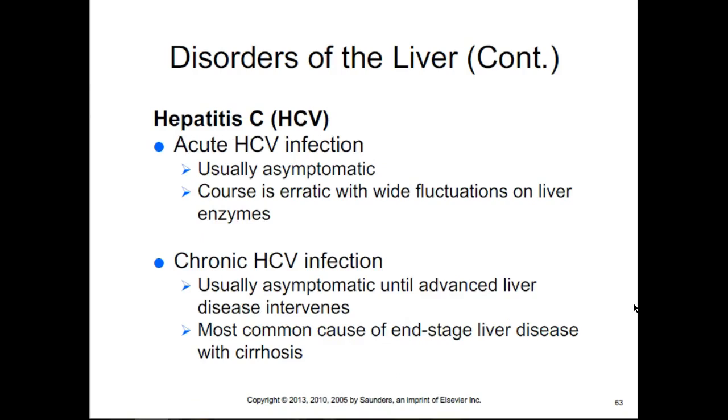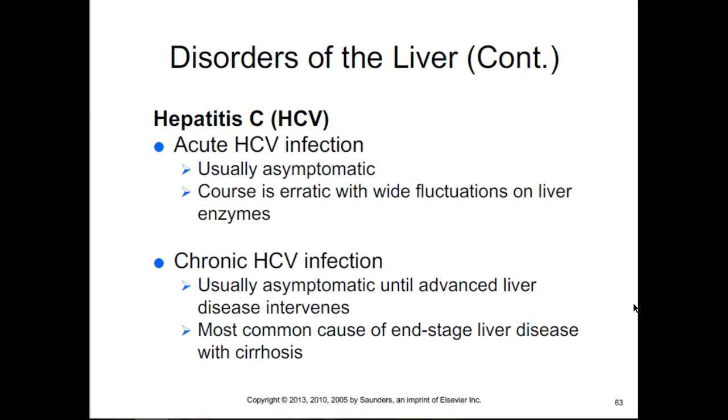Basically, acute hepatitis C infection is asymptomatic. The course is erratic. You can see wide fluctuations in liver enzymes. It's usually asymptomatic until advanced liver disease intervenes. It is the most common cause of end-stage liver disease with cirrhosis.